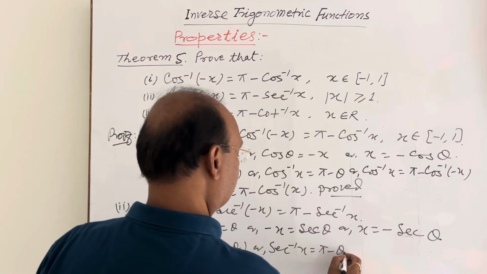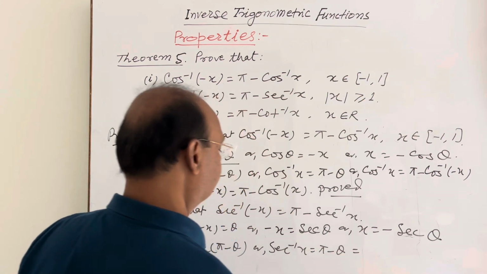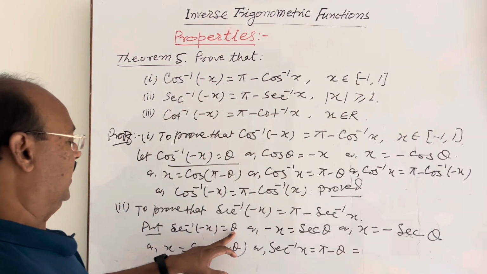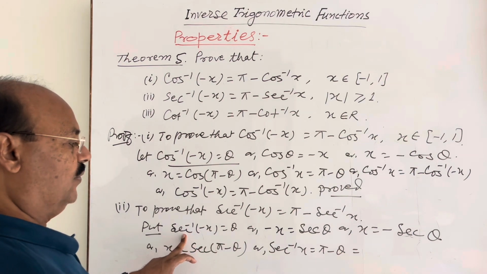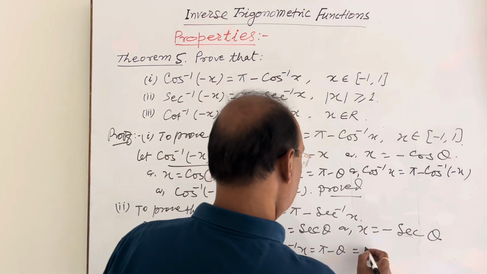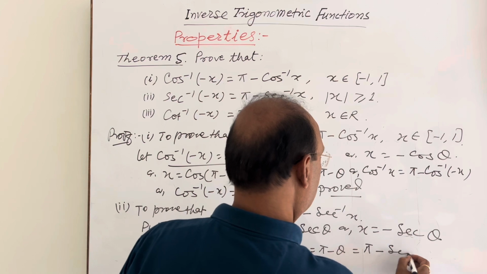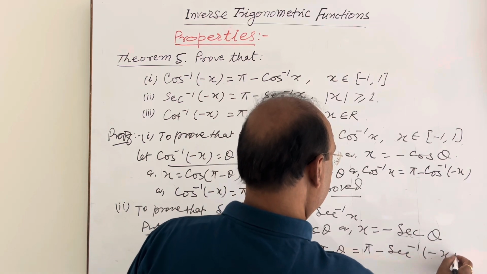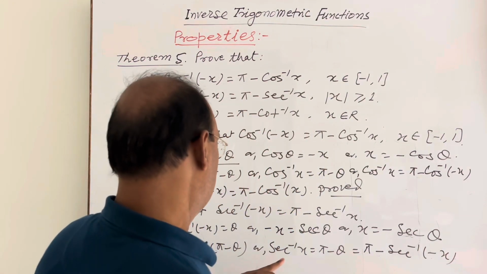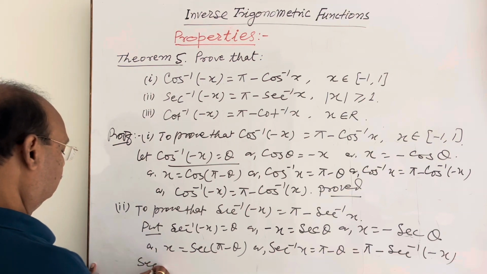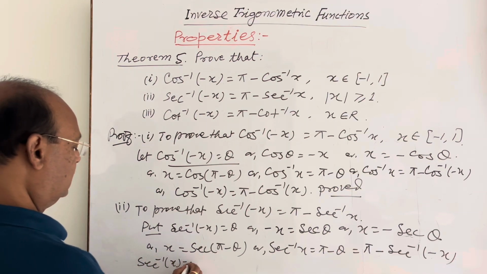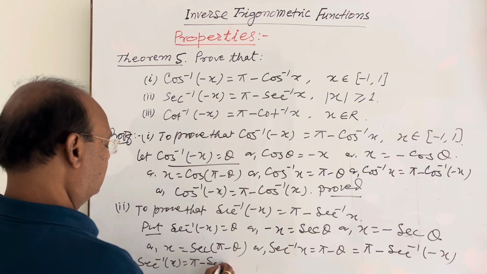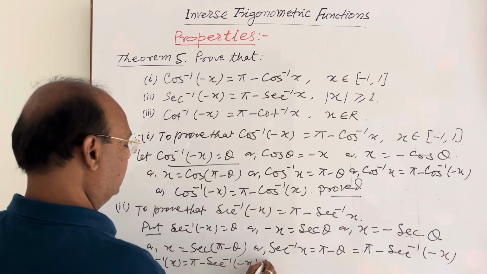In place of theta we can write this value, sec inverse of minus x. So we are getting sec inverse of x is equal to pi minus sec inverse of minus x.